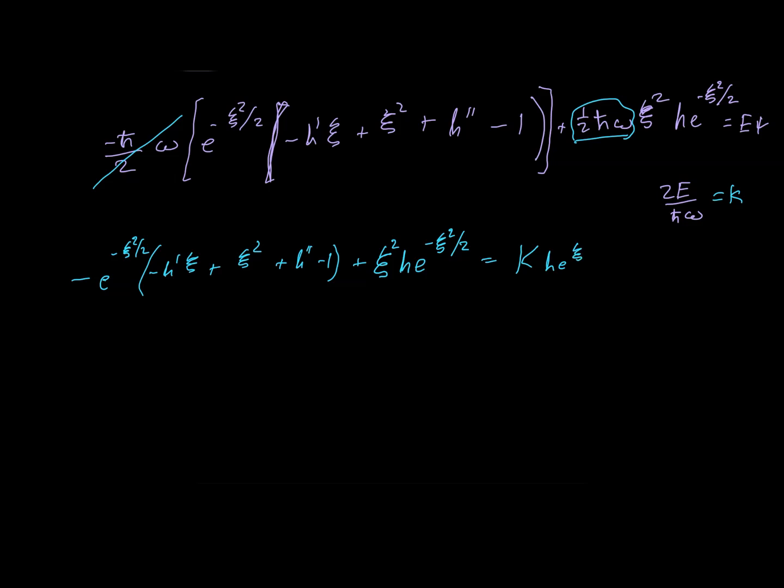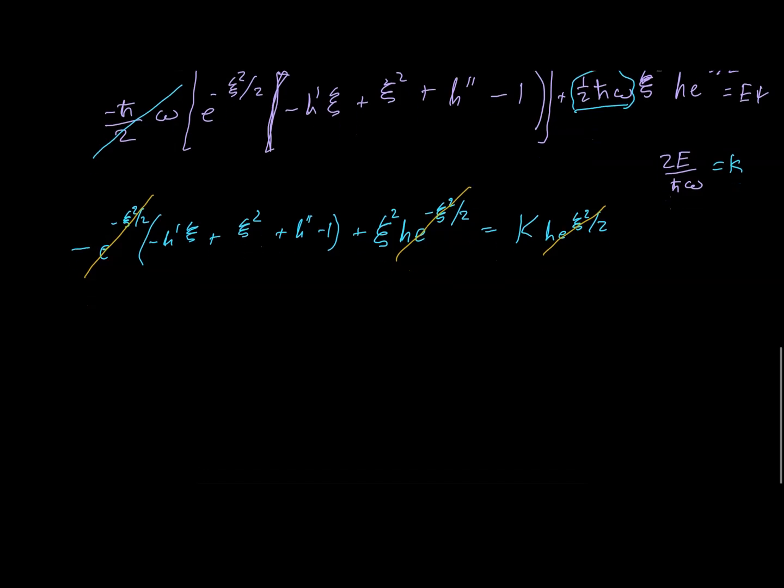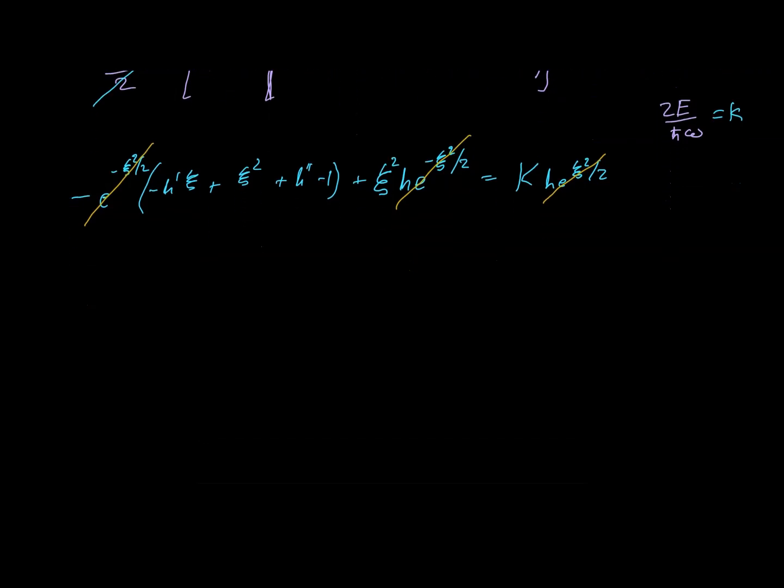Now we have k times h e, this thingy, okay? All right, now the good news is all of these terms have this e to the c squared over 2. So now we can divide out that term, which is awesome. So we can divide out this term, this term, this term, all of it. The h's have to stay for now. We'll simplify that.